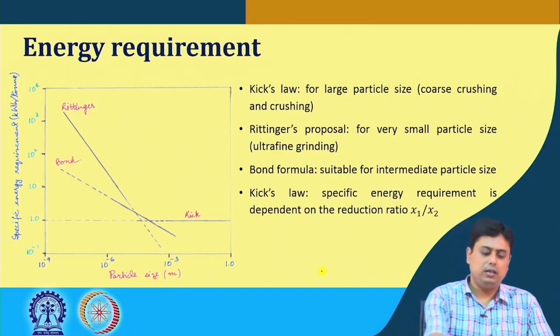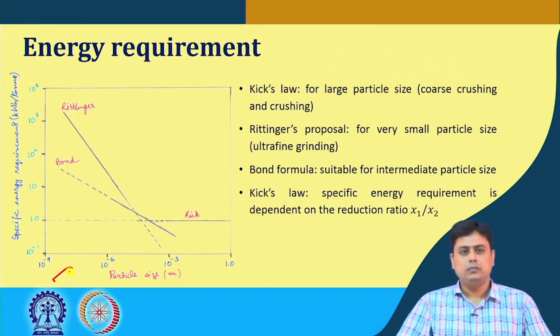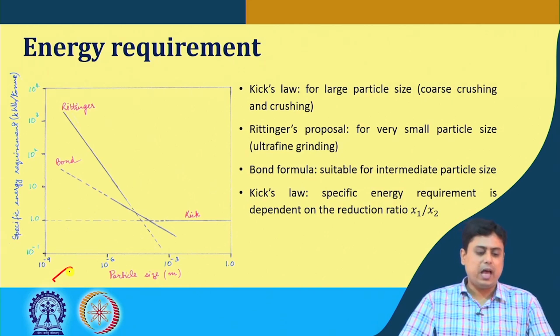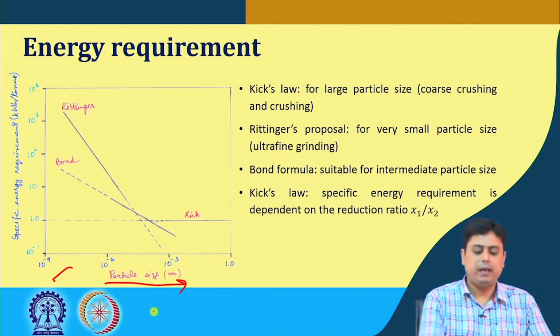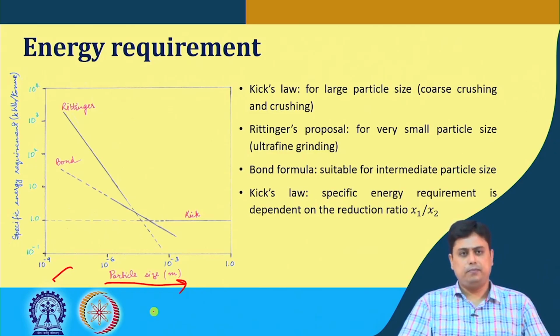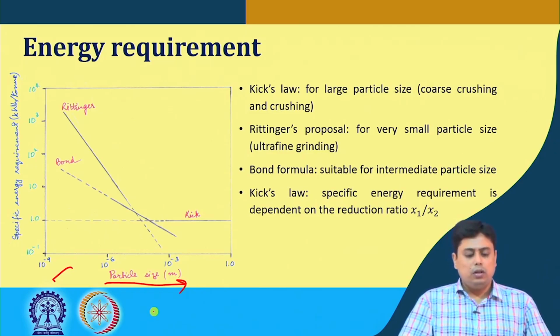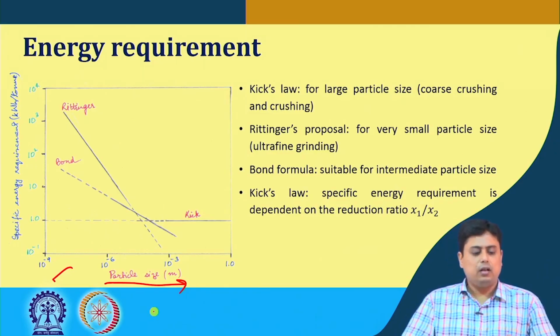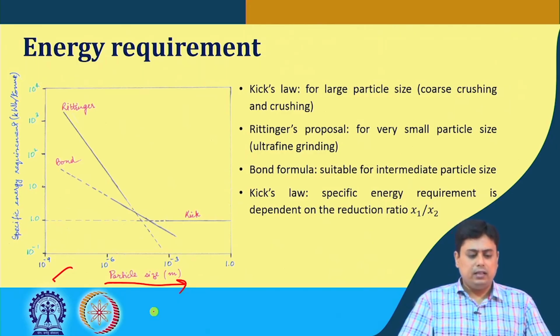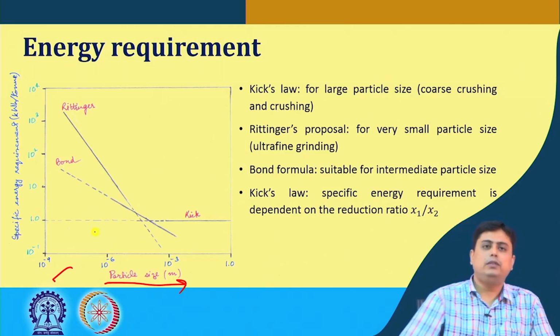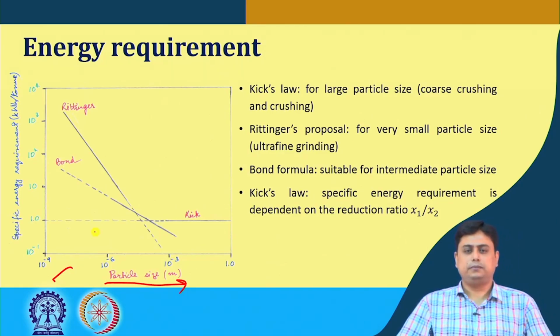In this diagram, on the y axis we have the specific energy requirement, and on the x axis we have the particle size, and this is in log scale. Because of the expressions that we have seen, it is pretty logical to put this in log scale, and we can understand the slopes of these curves from those expressions.